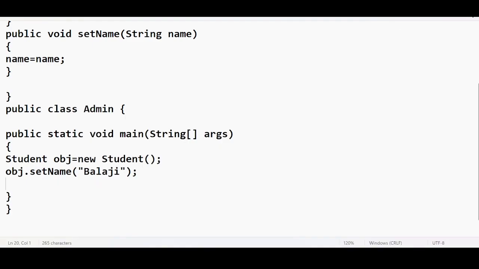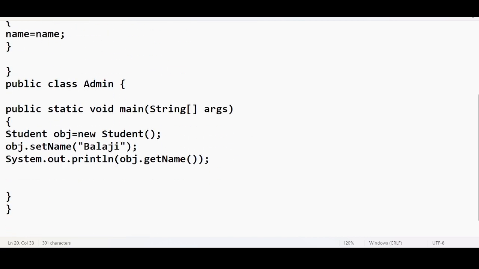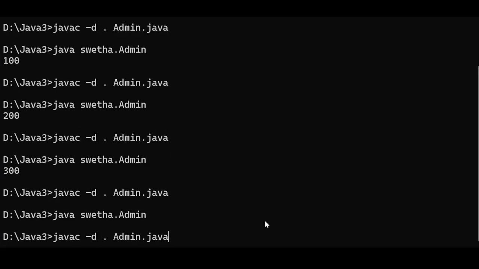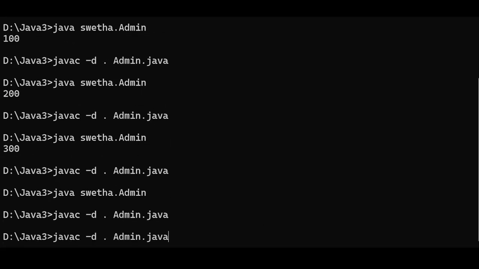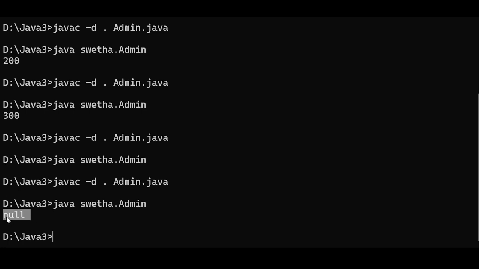The output is going to be blank, because after assigning I need to print that variable. System.out.println(obj.get... So null. We are getting null.